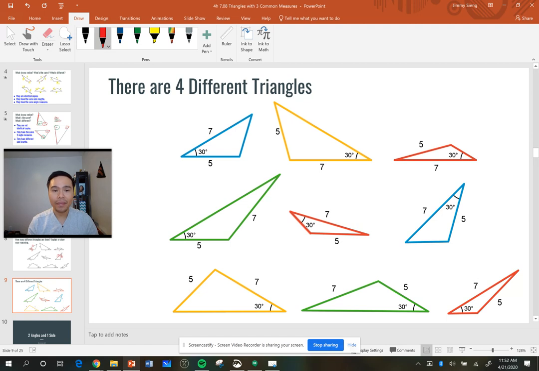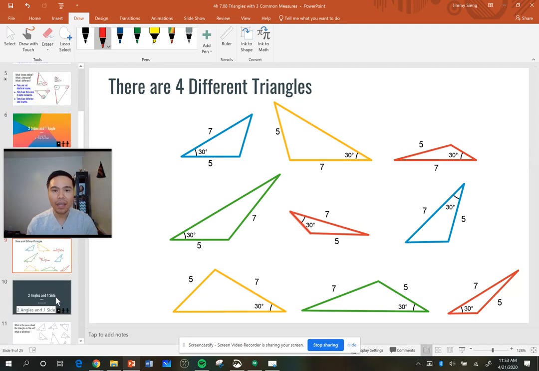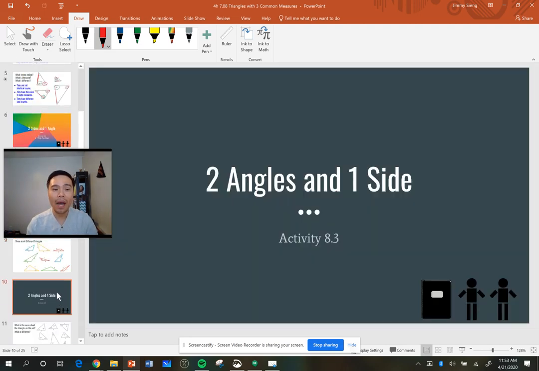All right. This is actually something that I teach in 9th grade math as well. But the idea is we're trying to see which triangles are the same and how they're the same, right? In this case, the triangles that have the same side positions and the angle are the same kind as each other, okay? Let's try that again, but now we're going to do 2 angles and 1 side, okay?